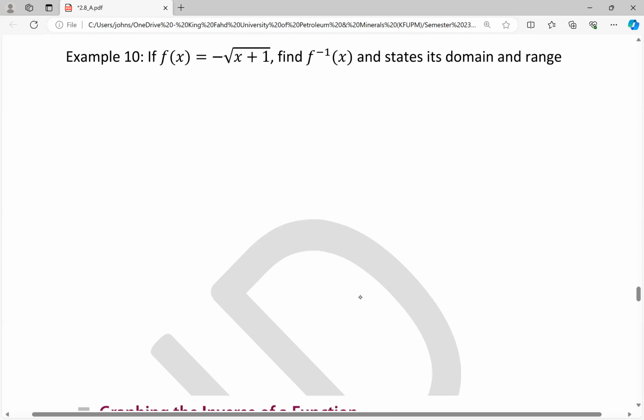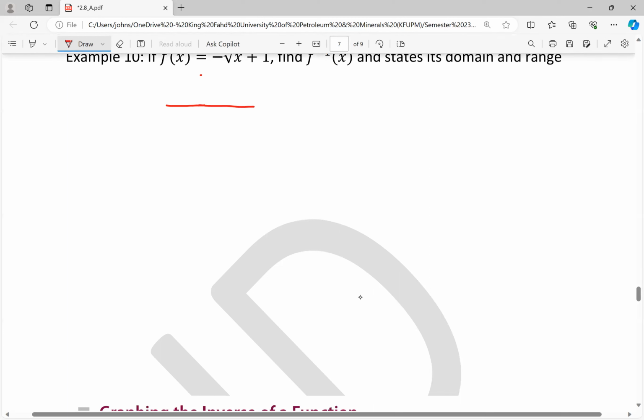So for example 10, we still need to find this function. Let's say this function. I like to visualize it. This function is nothing but what? Something like this.